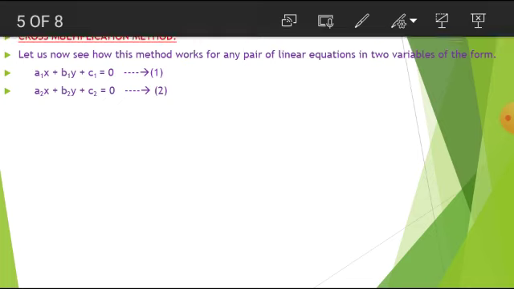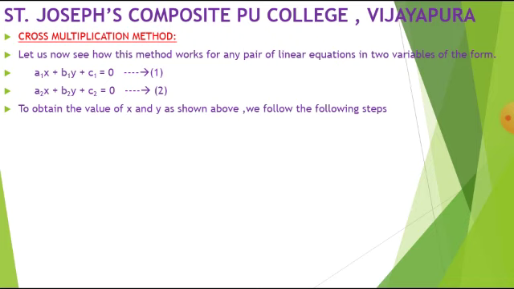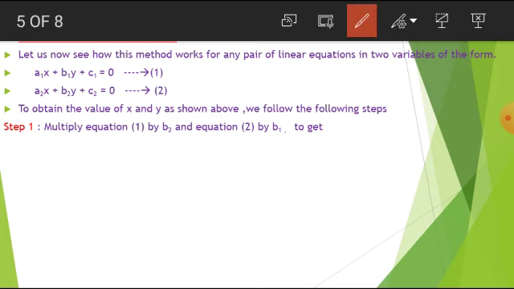Now the same method. To obtain the values of x and y as shown above, we follow the following steps. First step, multiply equation 1 by b2, and equation 2 you have to multiply by b1.